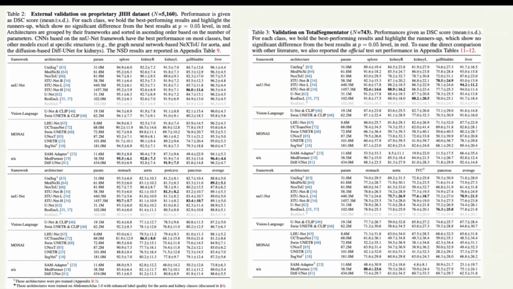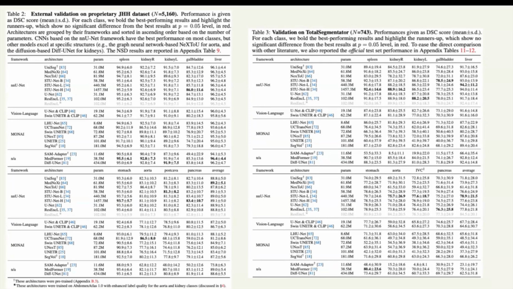The biggest difference you see is for the SAM adapter. For example, in spleen, in JHU, it gets 88 DICE. And for spleen in Total Segmentator, it gets 48 DICE. But if you take any other model by chance, for example, UniverSeg in gallbladder, we have 84 here, and here we have 74.